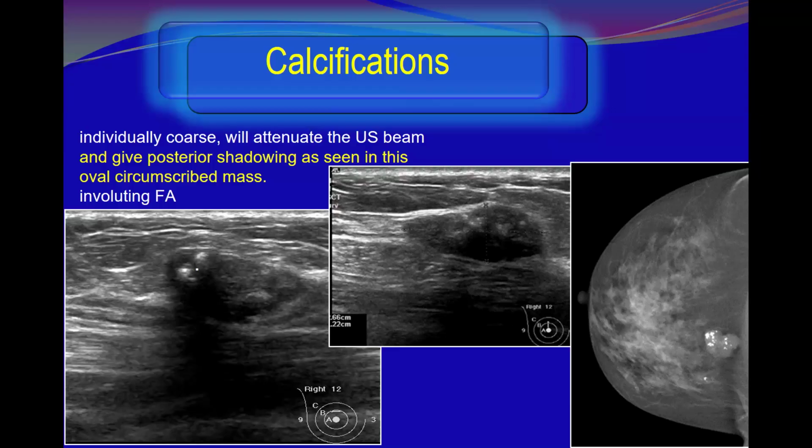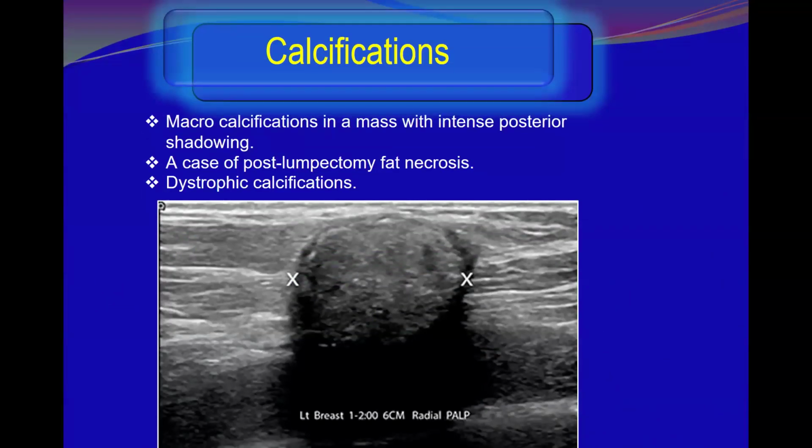As you know, in involuting fibroadenoma the calcification starts first as fine, then gets aggregated and becomes larger and coarse. So early on, you might see this appearance and it can still be a fibroadenoma going to involute.